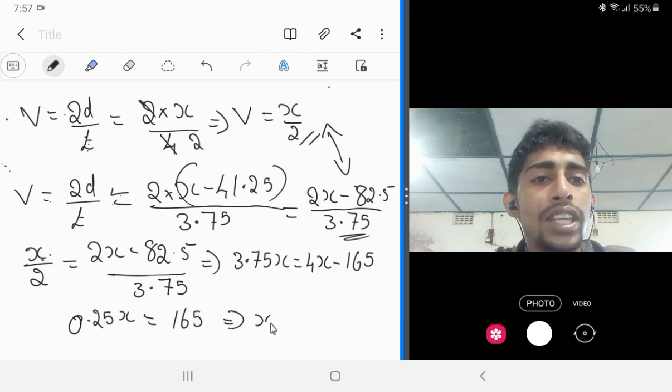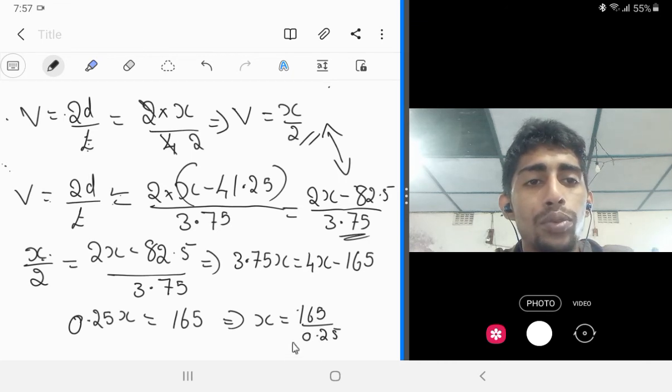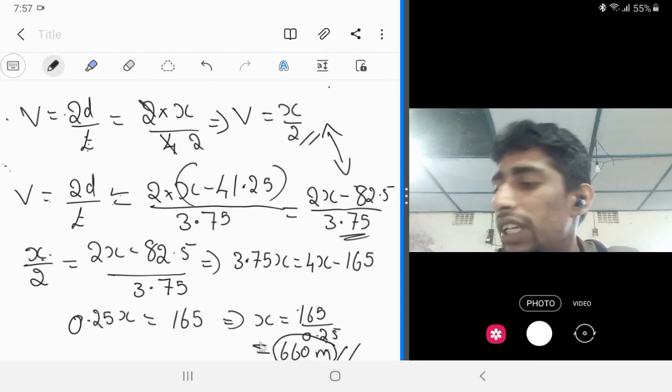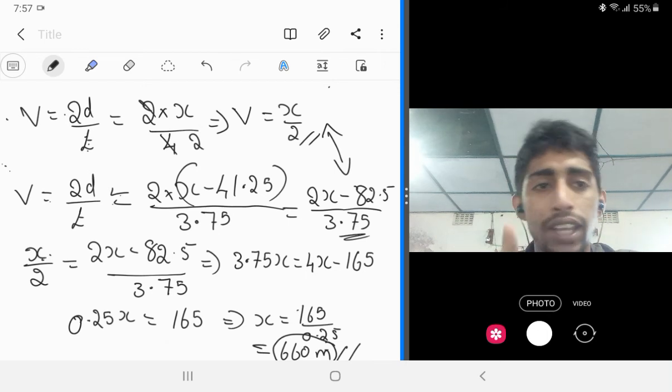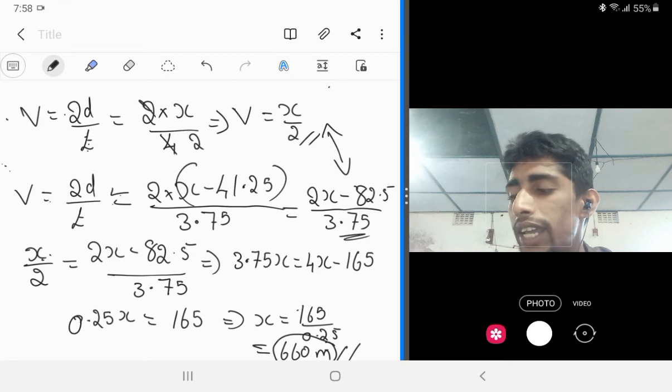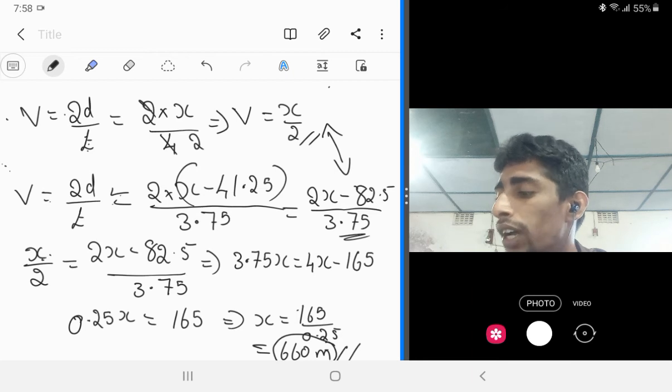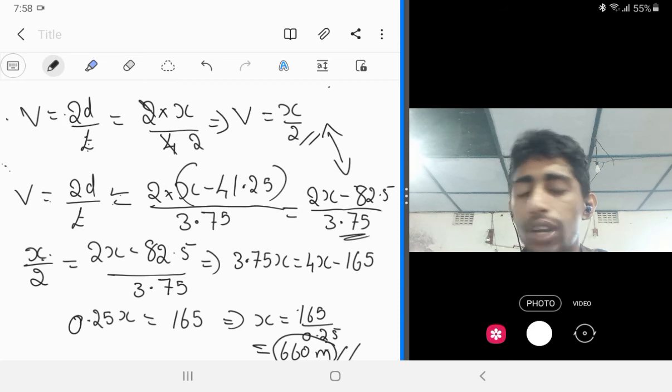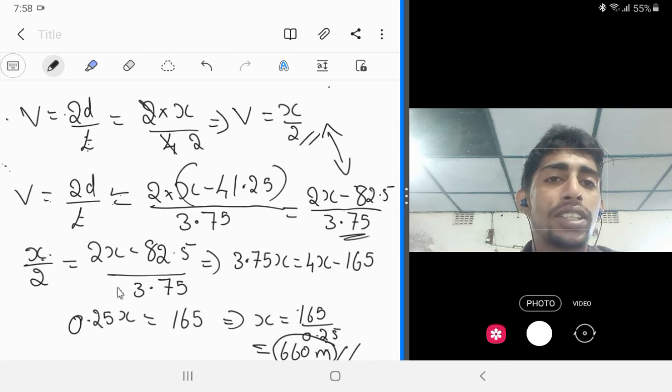Then x is equal to 165 divided by 0.25, which gives 660 meter as the answer. That means x, the distance between the initial position and the cliff, is 660 meter. So we got the second part answer, B: the distance of the man from the cliff at his initial position is 660 meter.